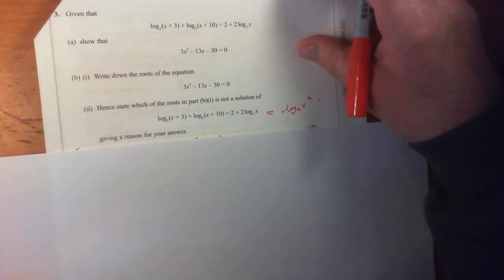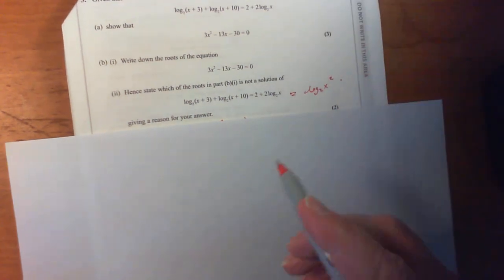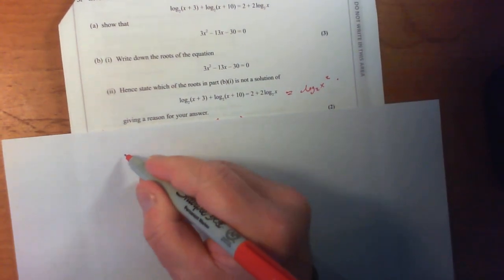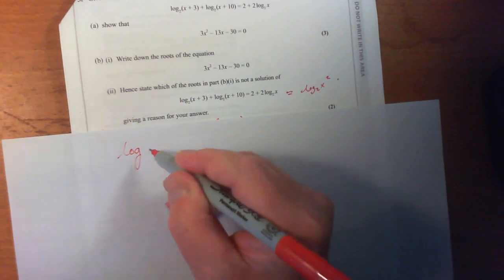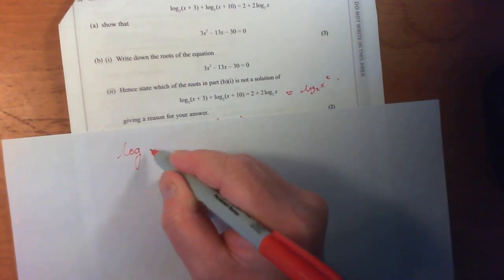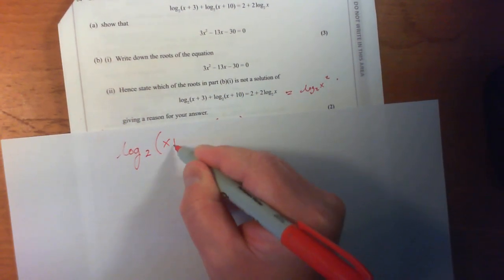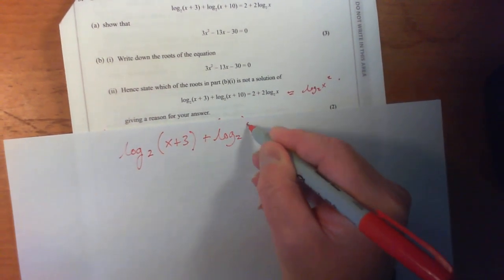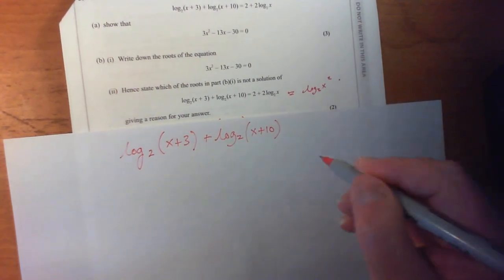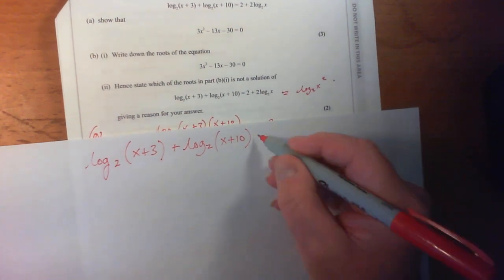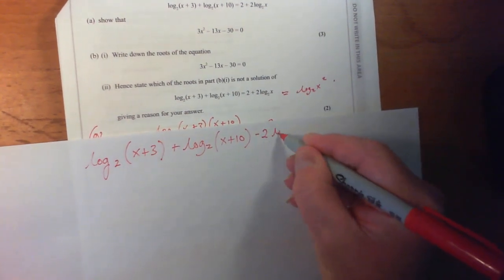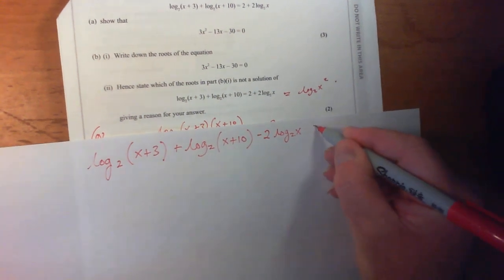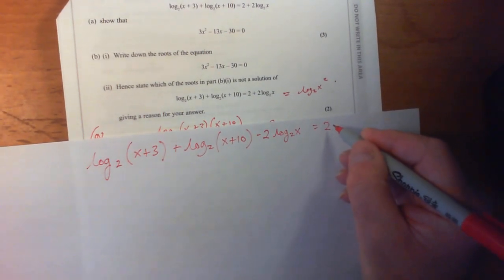move all the log terms onto the left hand side, and then everything else on the right hand side. So what we've got is log 2x plus 3 plus log 2x plus 10 minus 2 log x equals 2.